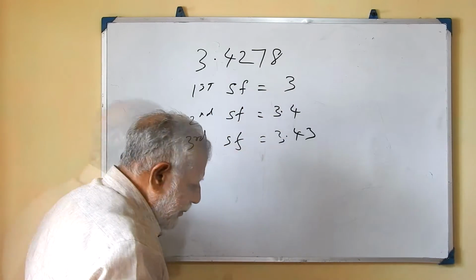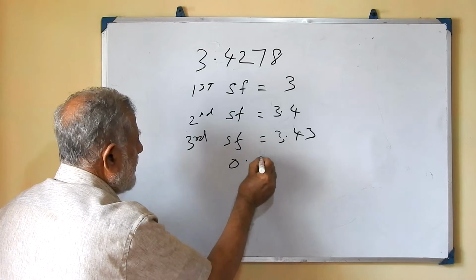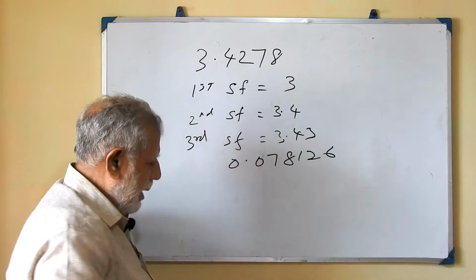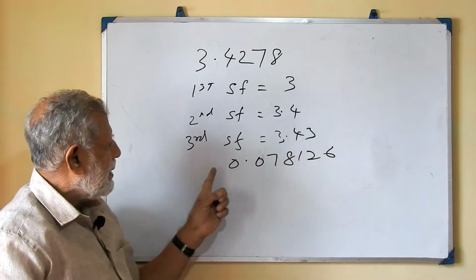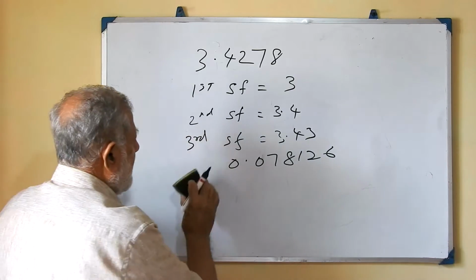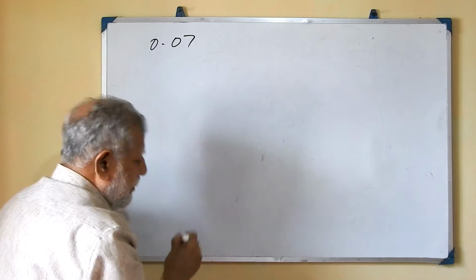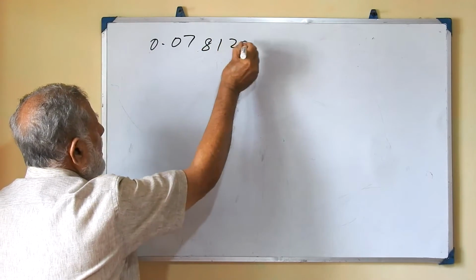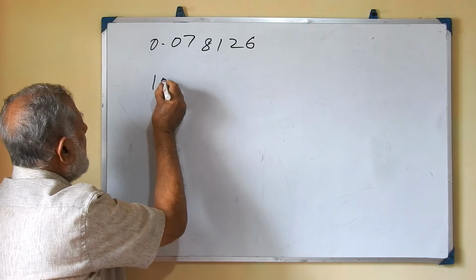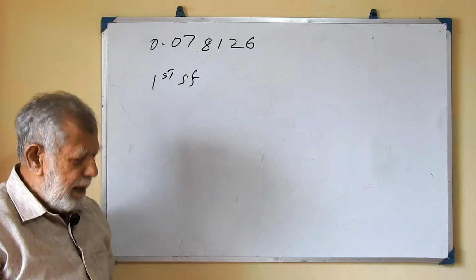We will take another number. Look at this one, 0.07812. Here we have to approximate these numbers to significant figures. Now, the first significant figure will be, we can't take zeros as significant figures.